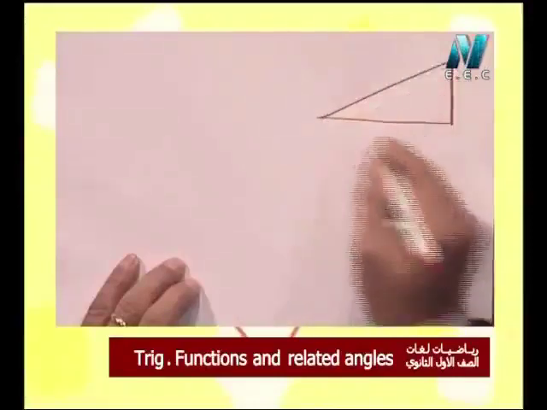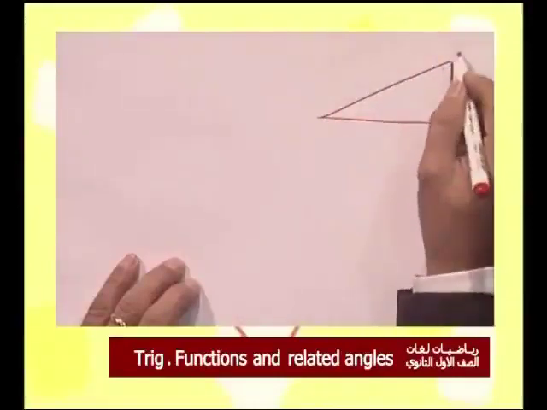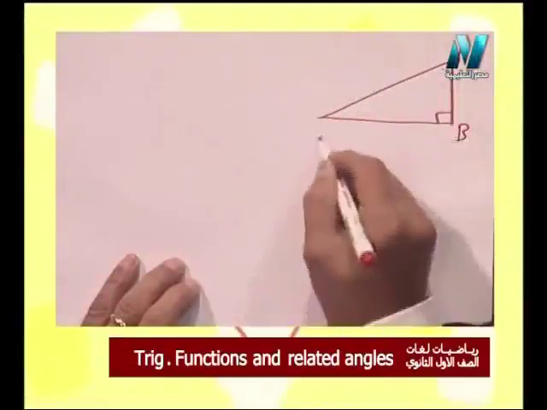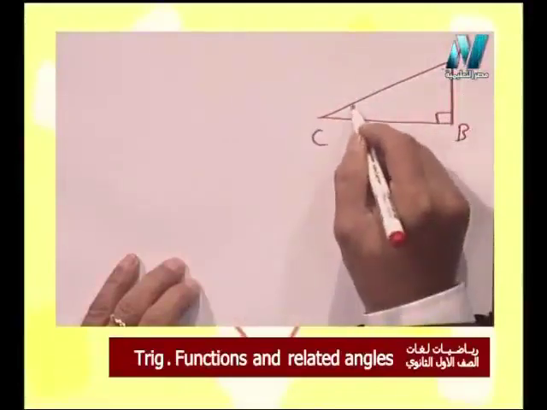We now go to find out new things and new questions about trig functions. Let's go to a right angle triangle here. We'll draw a right angle triangle, call it A, B, C, and let me call this angle theta.